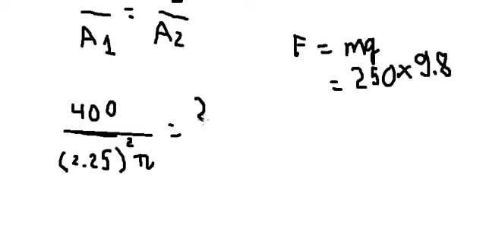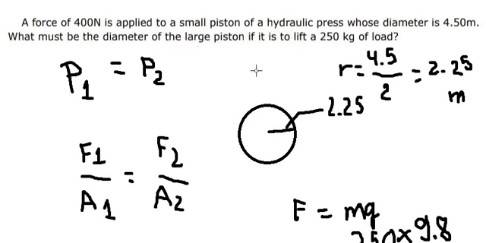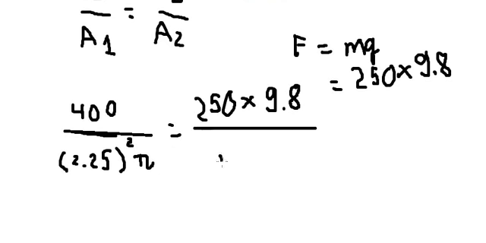So we put 250 multiplied by 9.8. A2 is the area of the large piston, so I will put r squared multiplied by pi.